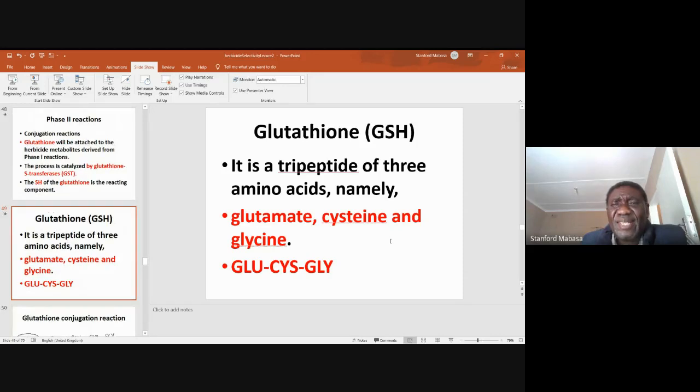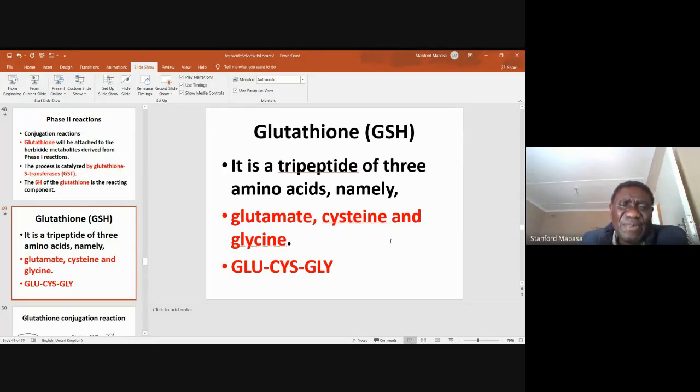So what is glutathione? GSH, if you want to call it in short. It's basically a protein, a tripeptide with 3 amino acids, namely glutamate, which is joined to cysteine, and cysteine joined to glycine.